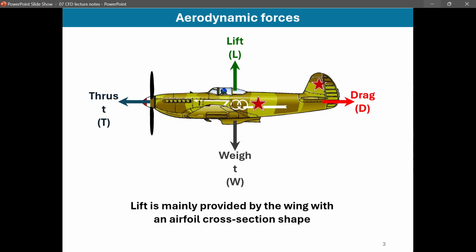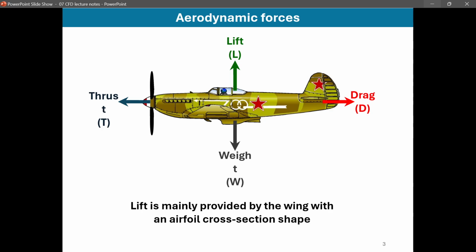To understand what we're doing today, we need a little bit of background about aerodynamics. So, on any object that is passing through a fluid, immersed in a fluid and moving through it, there are 4 different forces that are exerted on any object. Thrust force is usually provided by some sort of an engine.